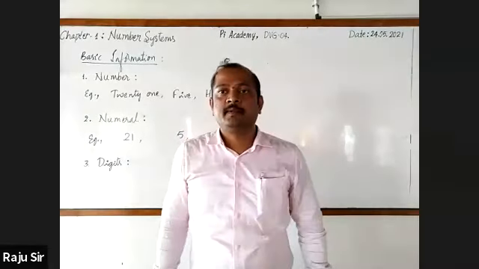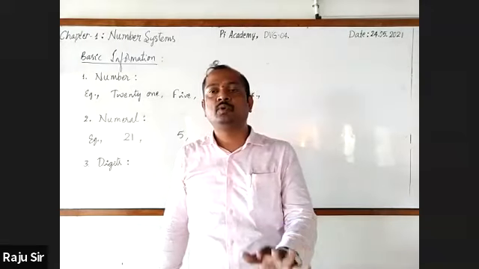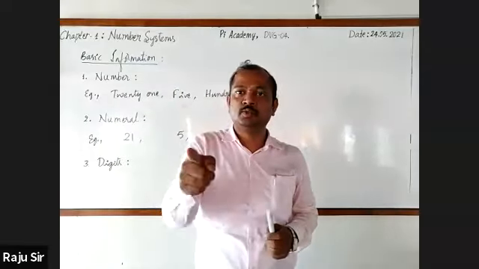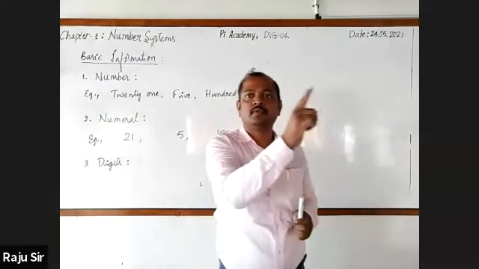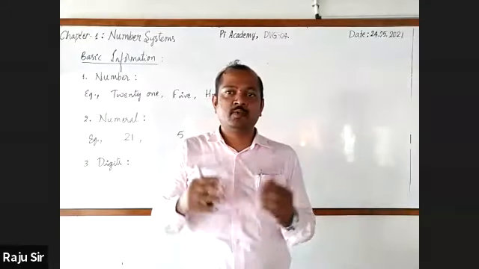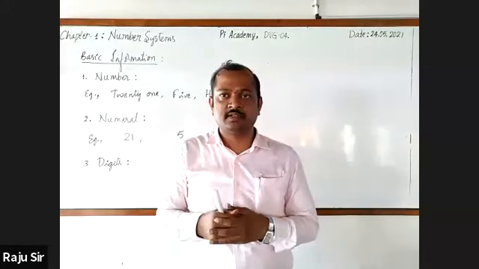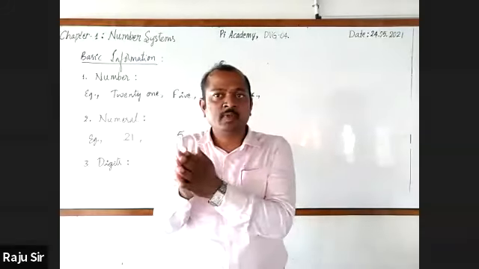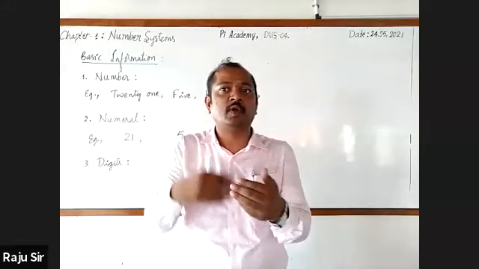Dear students, in mathematics, we have a total of 10 digits. And these digits are 0, 1, 2, 3, 4, 5, 6, 7, 8, and 9. You might have noticed that the way of writing these digits, from 0 to 9, will it be the same or different from friend to friend? Different, sir.